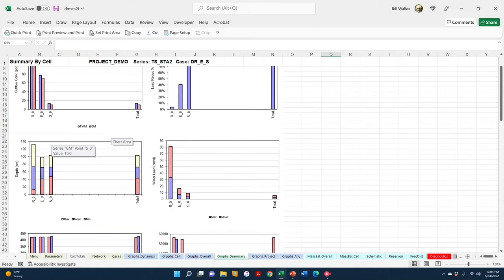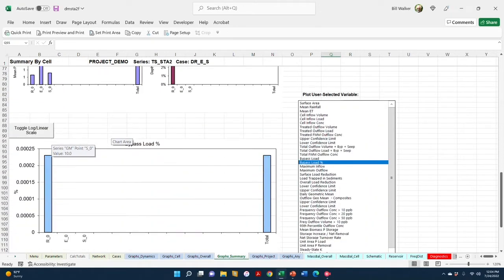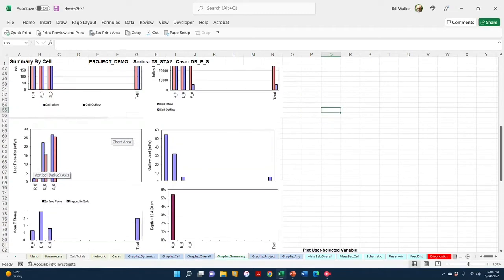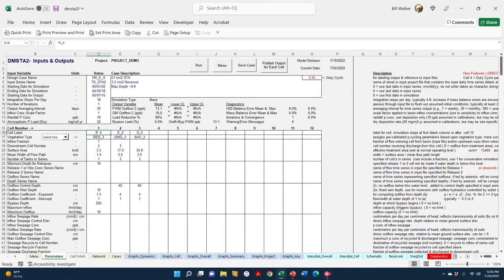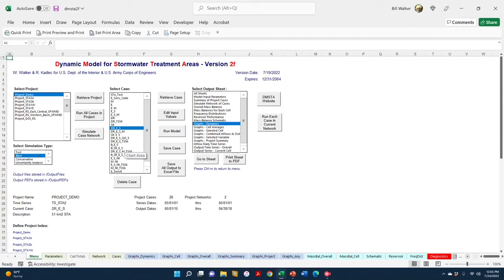So we're meeting 13 at the edge of the marsh. And how much are we bypassing with this case? So we're bypassing just a tiny amount. So that's probably an acceptable design.